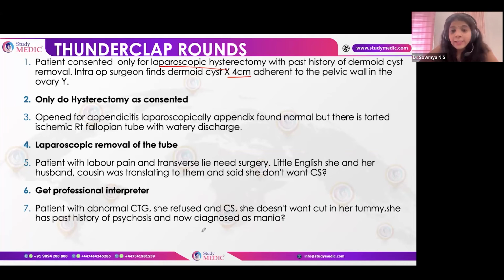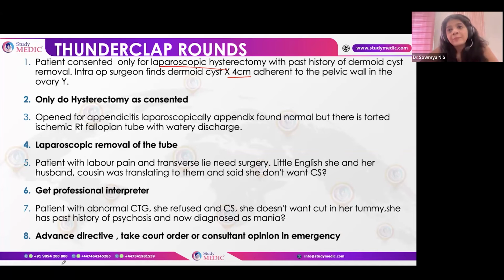Next, abnormal CTG, refuses CS and doesn't want a cut in her tummy. She has a past history of psychosis and is now diagnosed as mania. Here, the major challenge is she has lost her mental capacity. So what you would look into is whether this patient has an advance directive before losing her capacity, whether she has written down that she never wants a cesarean irrespective of her situation, before she developed psychosis.